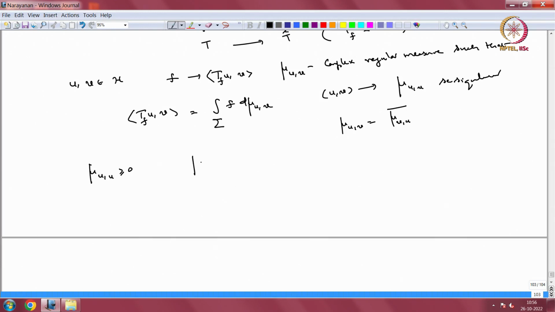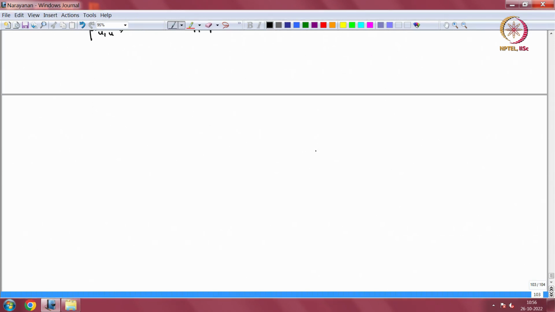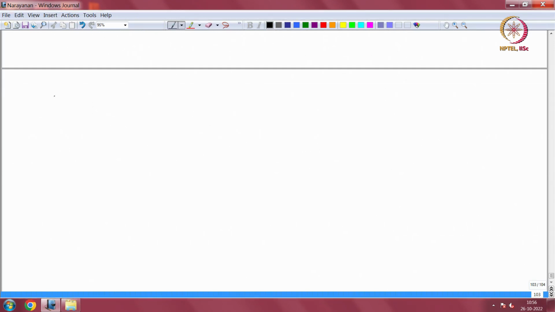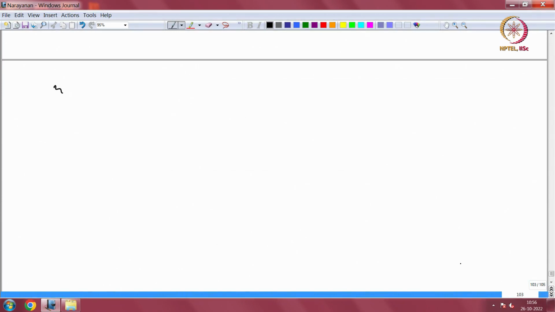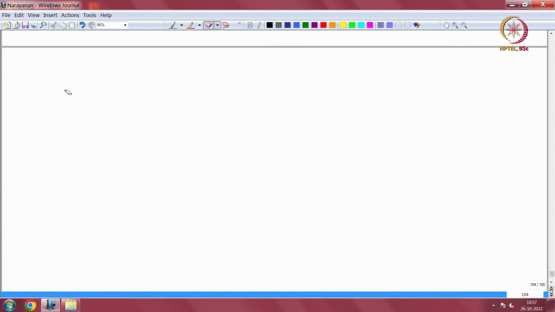And also the norm of the measure mu u v is less than or equal to norm u into norm v and so on, right. In the case of mu u, it will be exactly equal to norm u square, but that is something we will see later on. Okay. So, currently our aim would be to extend the functional calculus to L infinity functions. Okay.